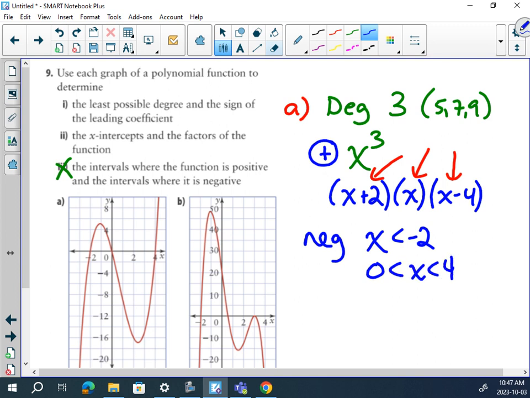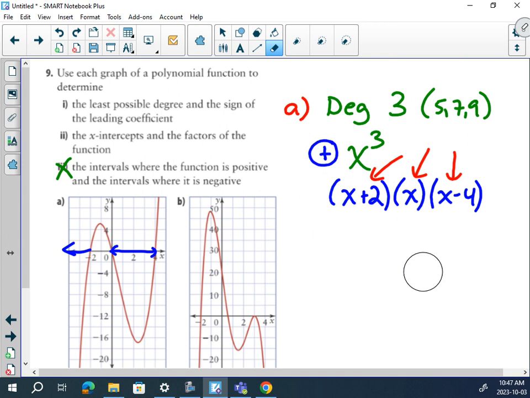So that's sort of the negative section. The x values are less than -2, or x values between 0 and 4. And then similarly for the positives. Okay, so again, I didn't really ask that, but that's really all the question was asking when it asked for the intervals that are positive or negative. And I won't go through B because it's basically the same thing.